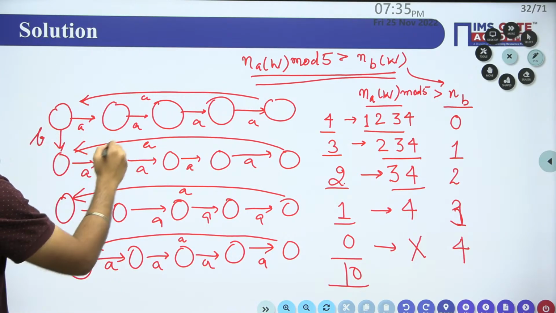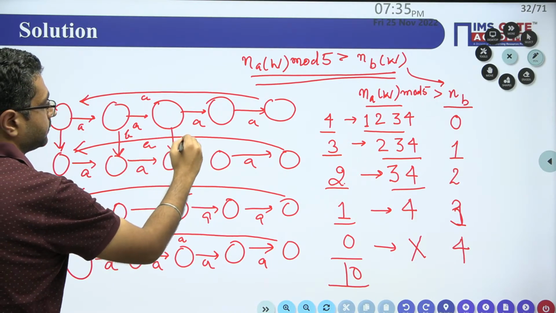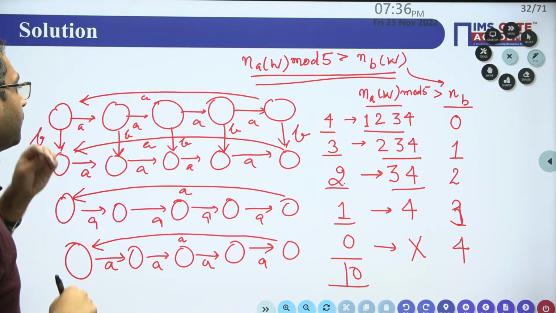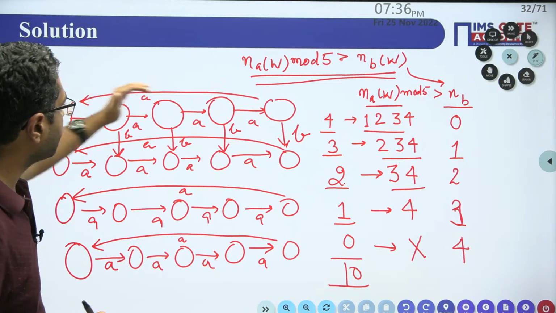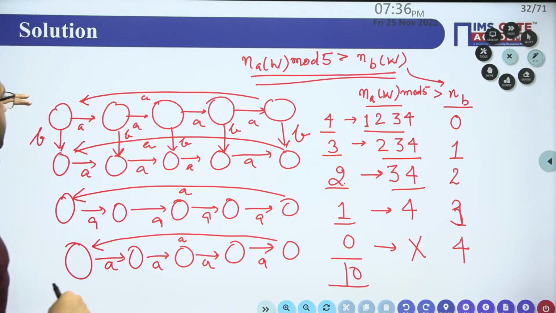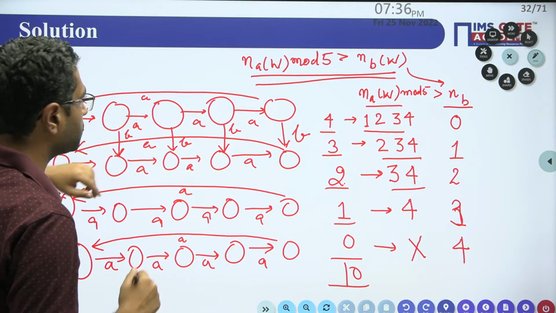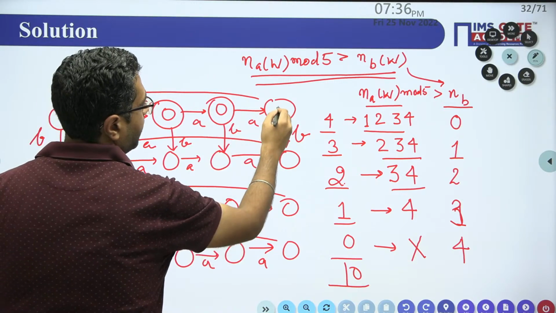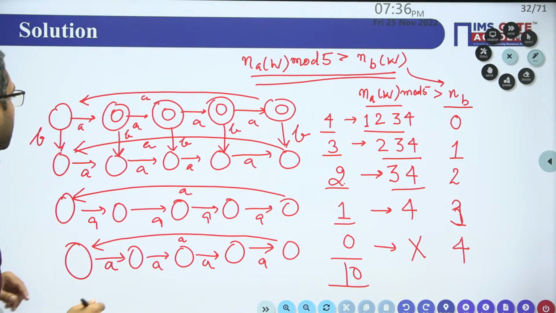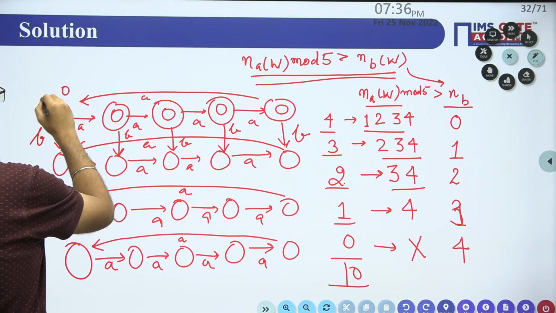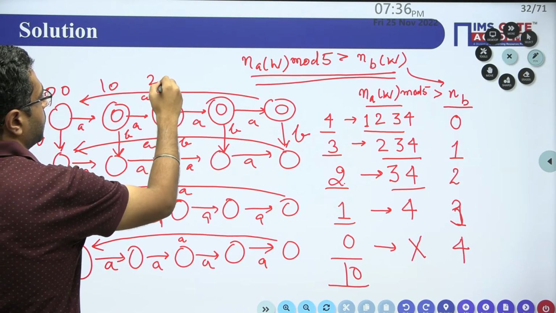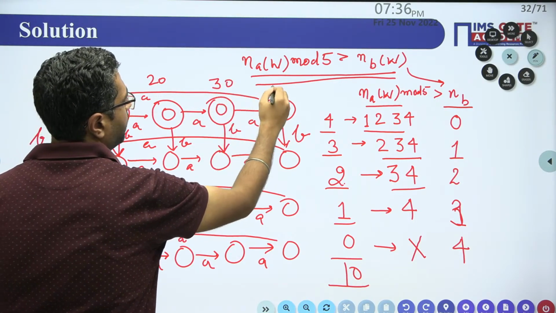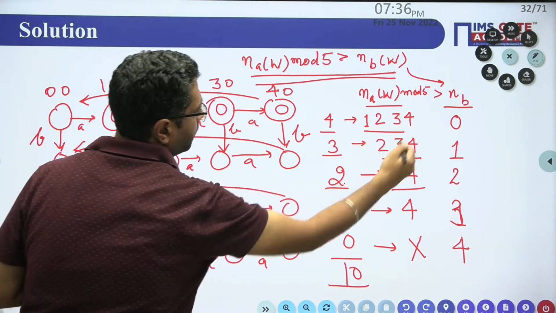So vertically we are going to move B, right? Now if you move B vertically, in this line the number of B's is 0 and A's are increasing, and by virtue of that we can say this is going to be your final state, because the number of B's is 0 but the number of A's is increasing. That is 1, 0, 2, 0, 3, 0 and 4, 0, all final states.